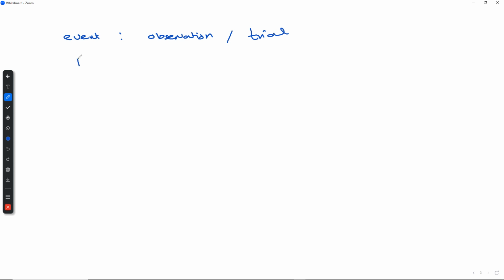And then probability, the word itself, almost sounds like probably, but probability is the chance that something happens. All right, the chance that something happens. And then we've got outcome. Outcome is almost like the result of something. So these are the common terminology used whenever you are dealing with it.